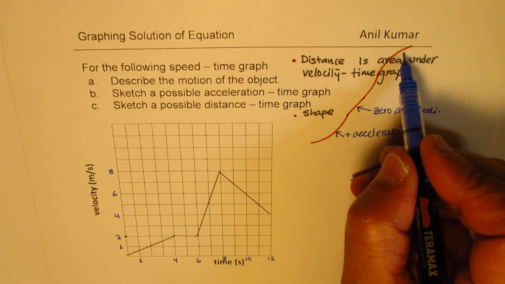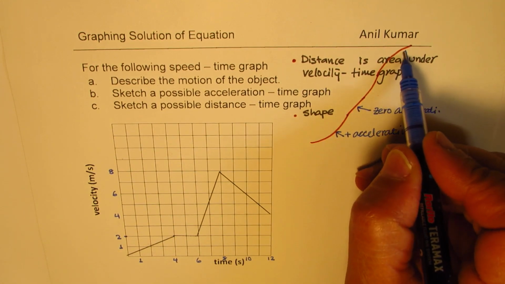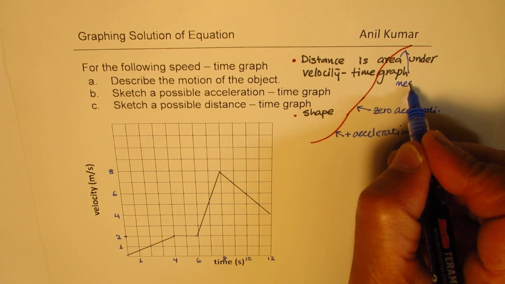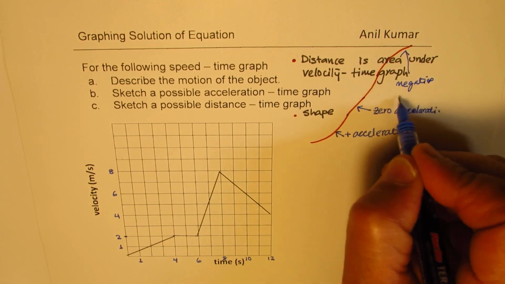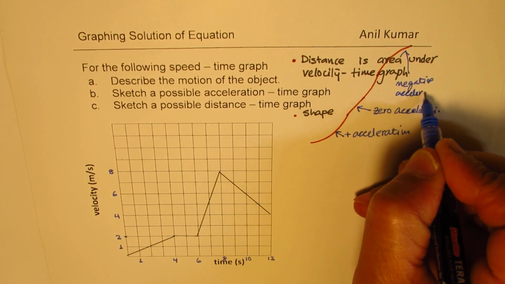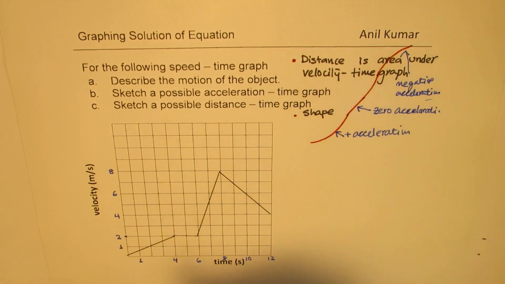And at the end, it is dropping down if the acceleration is negative. Now, this is very important to take care of while you're discussing how to sketch a distance time graph from a velocity time graph. Okay, now let's work out the values, right?